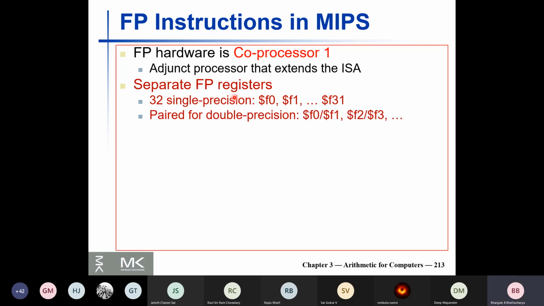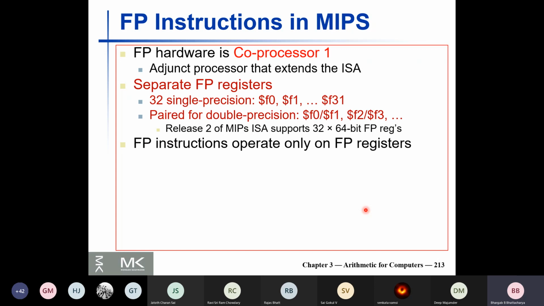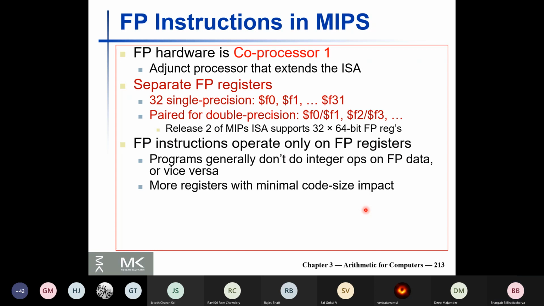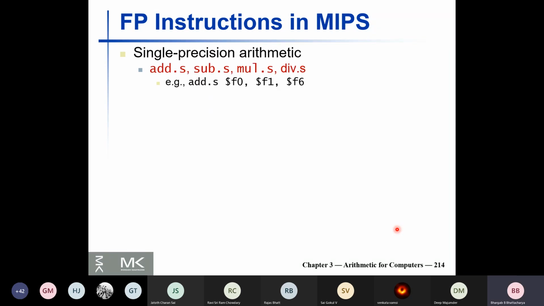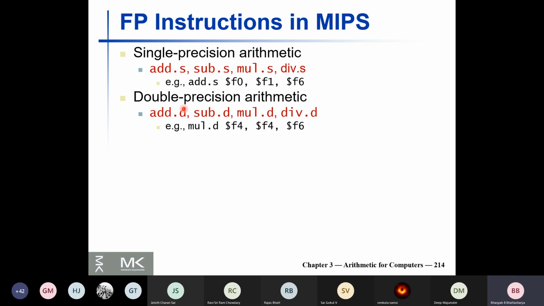You have used these instructions in your lab, right? Like the load and store using coprocessor 1. When you do this, these are single precision arithmetic. The .s means single precision, and these registers must refer to the floating point registers, which are indicated as F0, F1, and so on. For double precision, you use .d and so on. So these are the instructions which are available in MIPS.